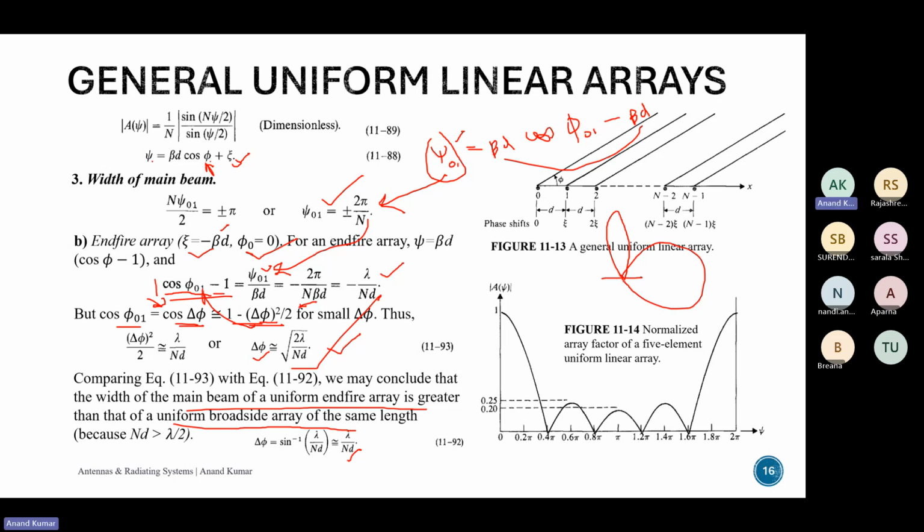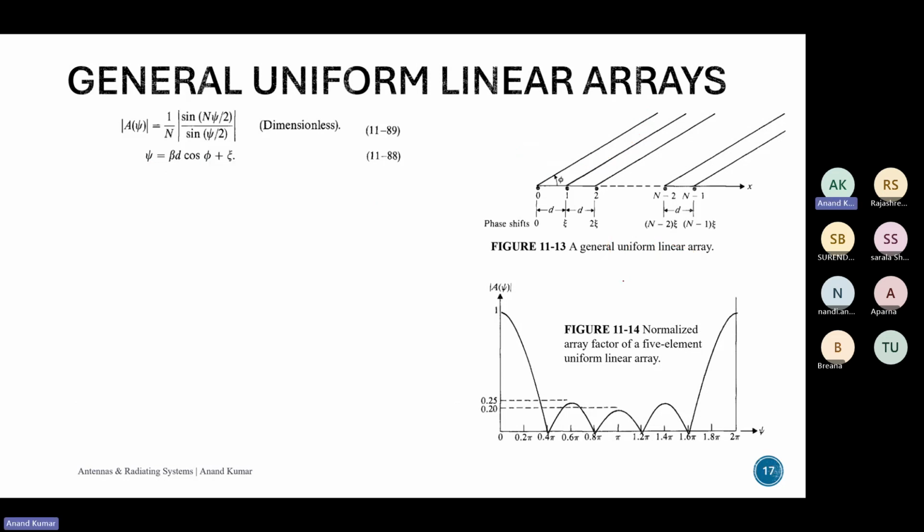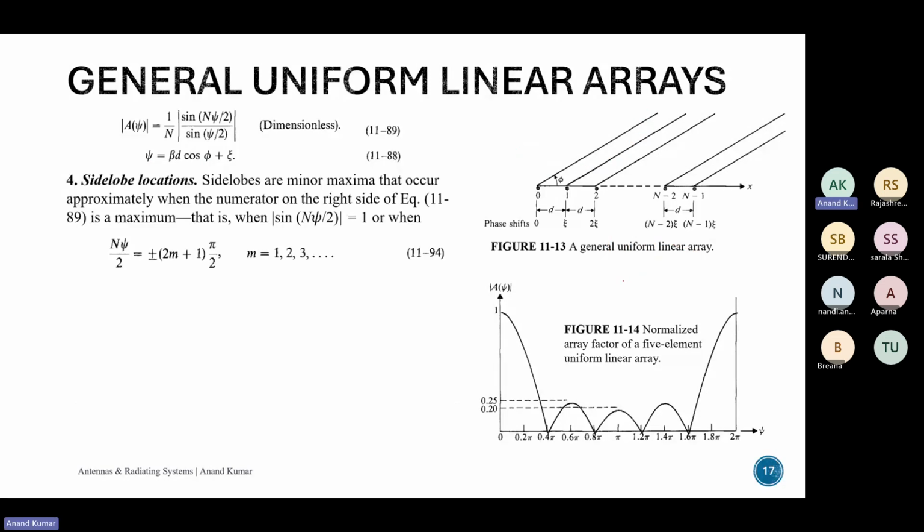Okay, if there are no questions, we'll proceed. The next is the side lobe locations. Similar to the previous math that we did, again using equation 1189. The side lobe location is when the numerator is maximum.